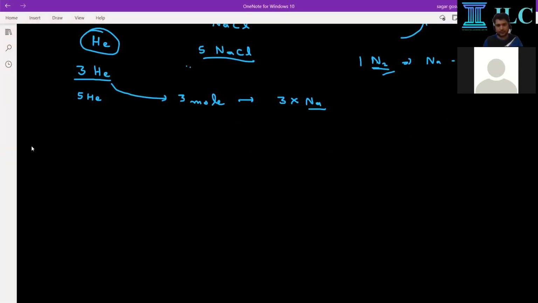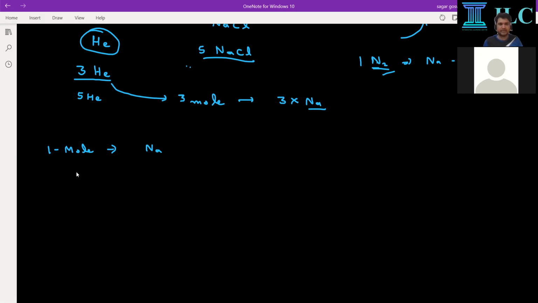I told you whenever you have anything, you have to calculate its mole. If you know its mole, you can easily find out the number of atoms or molecules. If you have 1 mole of anything, it contains 1 Avogadro number. If you have 5 moles, 5 Avogadro number. If you have half mole, 0.5 mole, it is Na by 2, half Avogadro number, right?